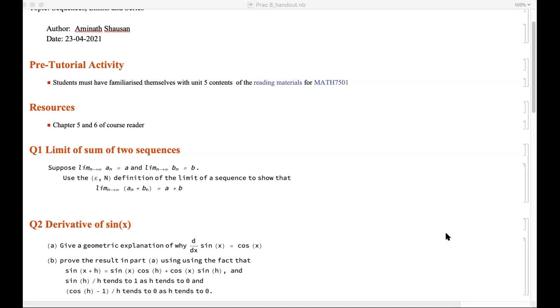Okay, so this is really an idea of how to get started with that. Can someone explain what it means if the limit as n goes to infinity of a_n equals a, using the epsilon-N definition?